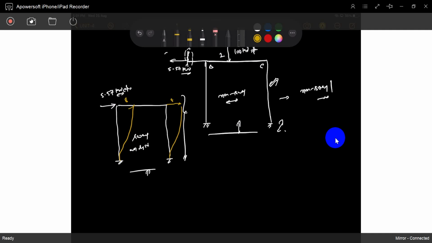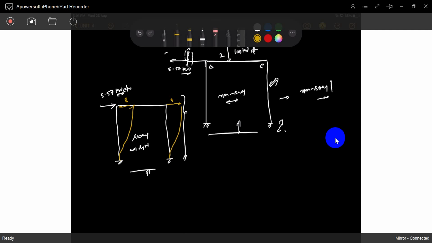We already know the carryover factors, distribution factors, everything. Now the remaining thing is just one thing. What is that one thing? So distribute moment. Now we will write it.